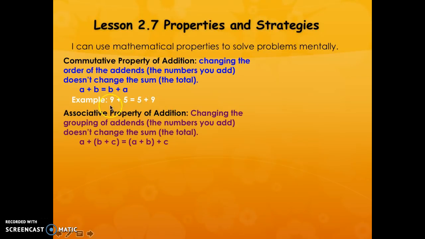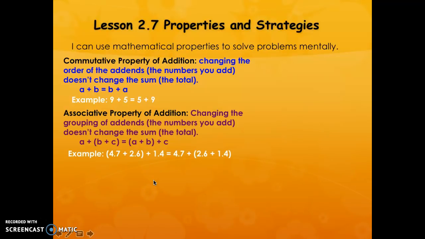So the second one we have is the associative property. Changing the grouping of the addends, which is the numbers you add, doesn't change the sum or the total. So if you have a plus b plus c, it doesn't matter if you add the last two numbers first, or if you add the first two numbers first, you will get the same answer.